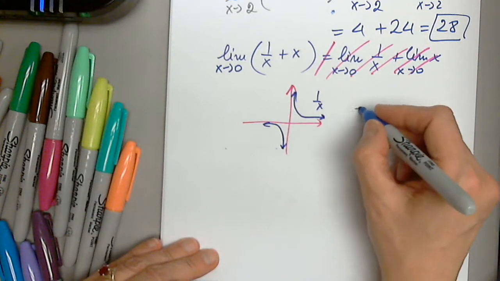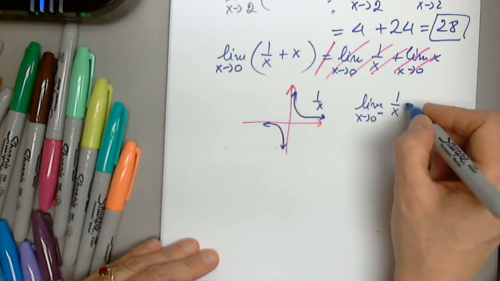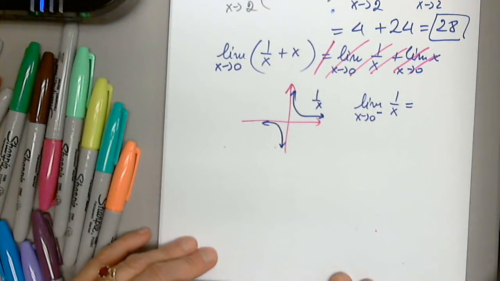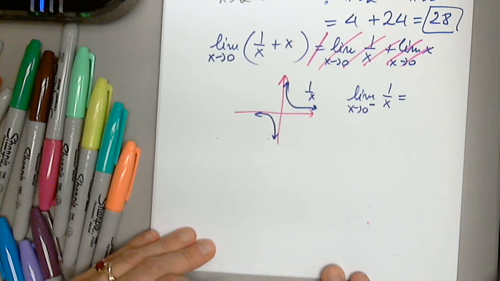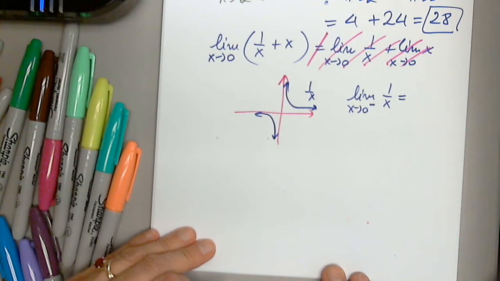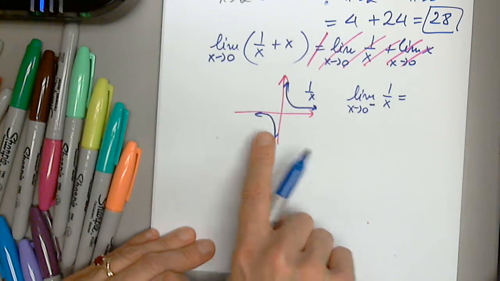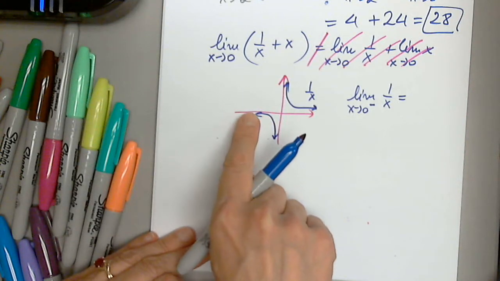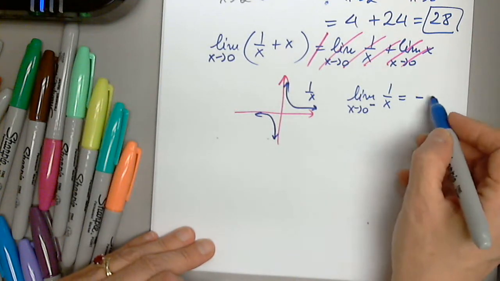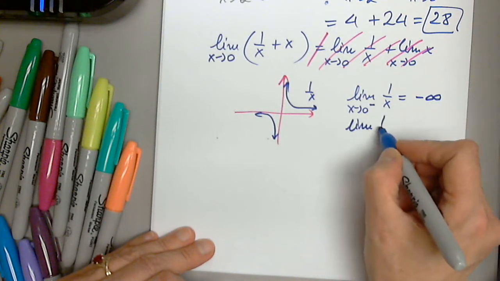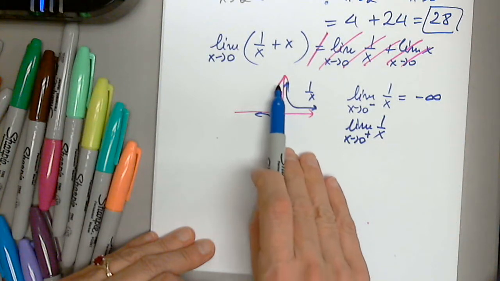So then I'm asking you, the limit as x approaches 0 from the left of 1 over x is? From the left of 0. As x approaches 0 from the left, the function values go to negative infinity. And the limit of 1 over x as x approaches 0 from the right? Very good.